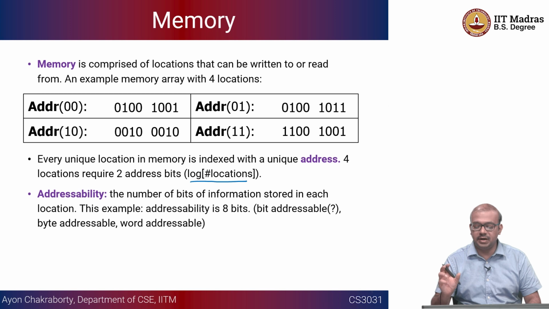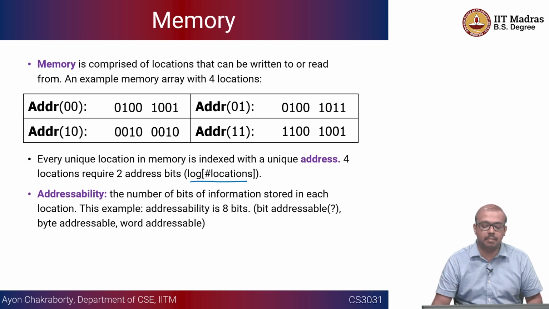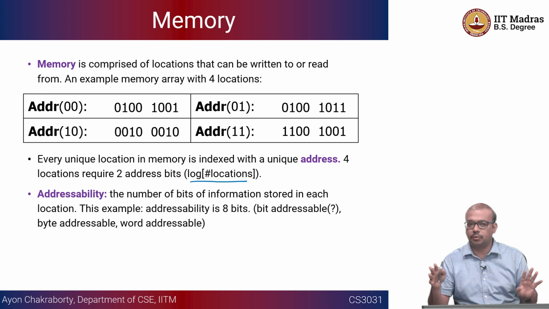The number of bits of information stored in each location is called the addressability. Okay. So you will always come across this terminology called byte addressable memory, right? What is a byte addressable memory? Byte addressable memory is, it doesn't matter how many bytes are stored.